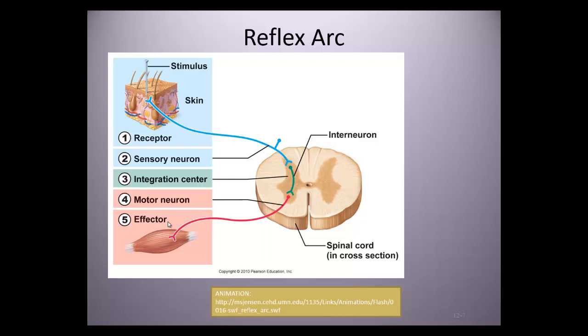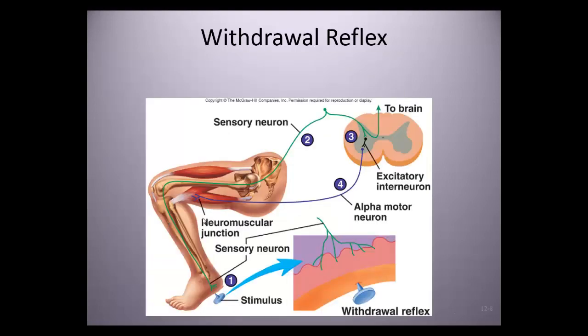So withdrawal reflex is a reflex we talked about. If you stepped on a pin, we would see the same thing. We would have the stimulus bringing sensory information to the spinal cord. An interneuron, which would connect that sensory pathway to the motor pathway, which would cause the hamstrings to contract, and that would pull your leg away from that painful stimulus.